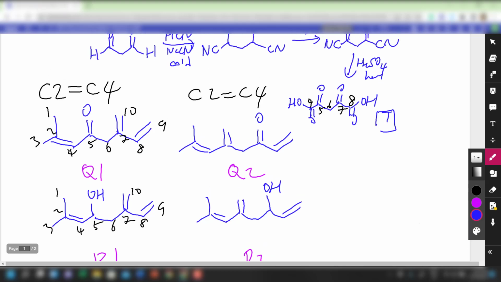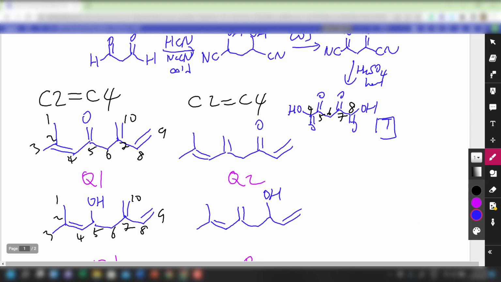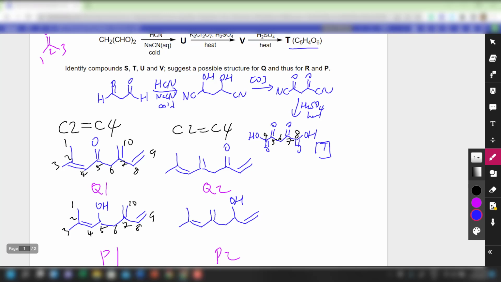Then could there be other possibilities? Can I swap? Can I put C2 with C9? If I put C2 with C9 and C5 gets the double bond O, essentially that will be similar to Q2.